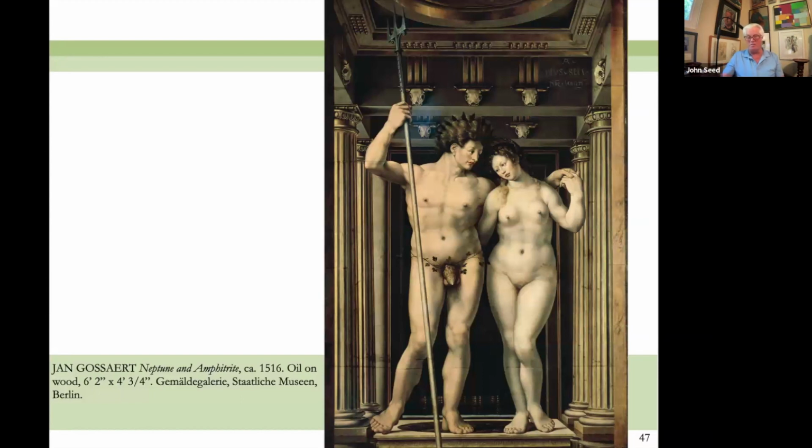Leaving that world and going back to something that's a little more reassuring. This painting, which is about 6 feet tall, was the first northern painting, the first, I'll call it Dutch painting, that showed a heroic couple. They should be an Adam and Eve, but he's called them Neptune and Amphitrite, so he's made them ocean gods.